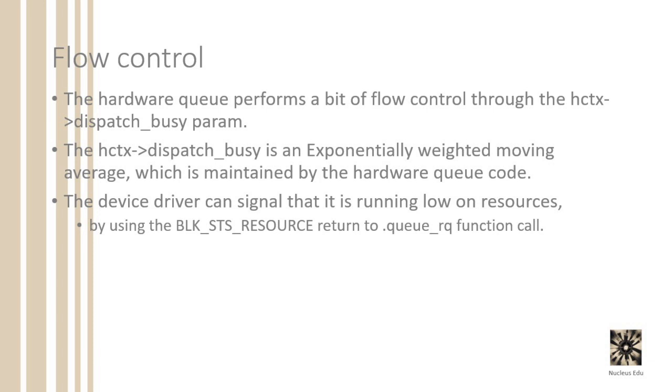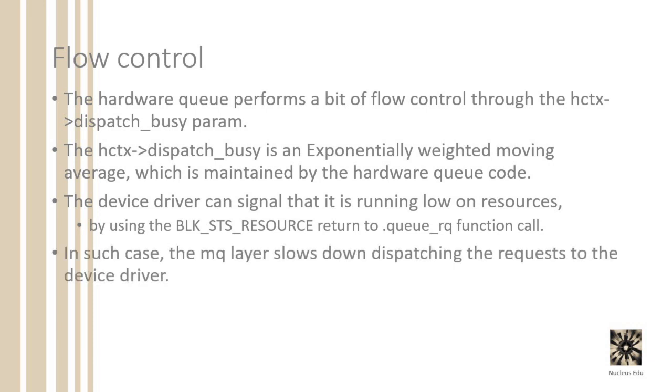And what happens is when the block MQ layer receives this flag, it updates the dispatch busy param to increase, and every time a hardware queue is run, this dispatch busy parameter is checked, and if it is positive, then the block MQ layer slows down the dispatching of requests to the device driver. There are places where you would notice that if the dispatch busy param is set, then the block MQ code is going to just pick up single requests and send them one at a go.